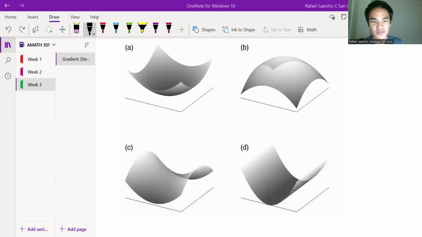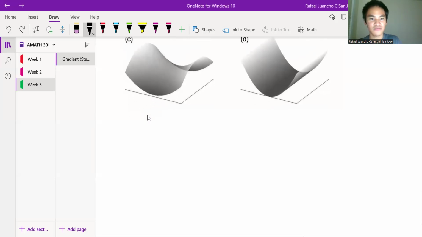Okay, so the geometry of the steepest descent suggests the construction of an algorithm whereby the next point of iteration is picked by following the steepest descent. So here's the function that will help us find the next point of iteration.